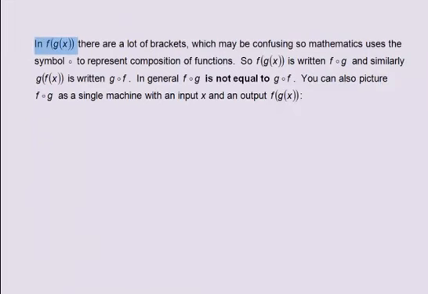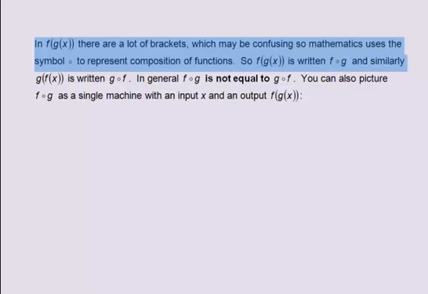In f of g of x, there are lots of brackets, which may be confusing, so mathematics uses this symbol to represent composition of functions. So, f of g of x is written f circle g, and similarly g of f of x is written g circle f.